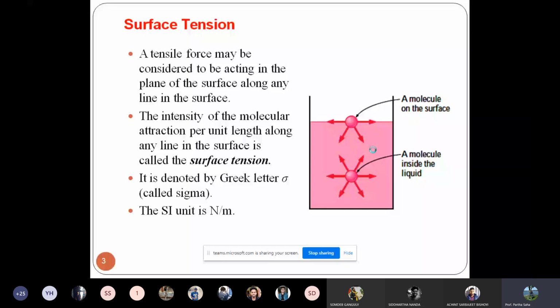So this particular line or this particular line, the tensile force which exists between these two lines is actually the surface tension. So by definition, a tensile force that is acting in the plane of the surface along any line of the liquid is called surface tension. The unit of surface tension is Newton per meter, that is force per length, and it is given by the Greek letter sigma.